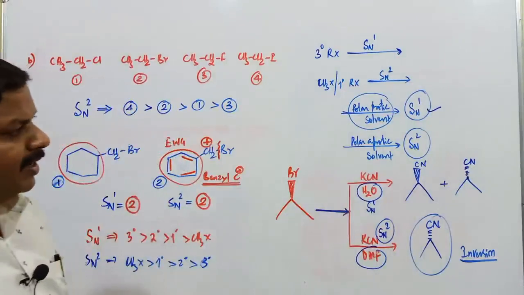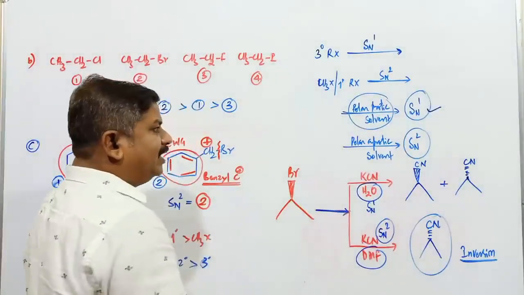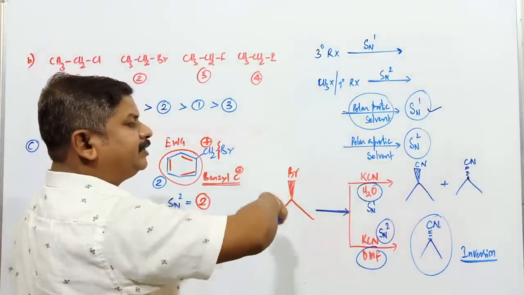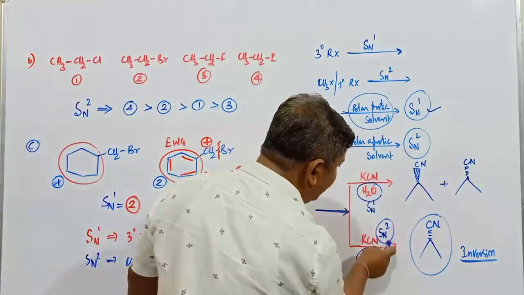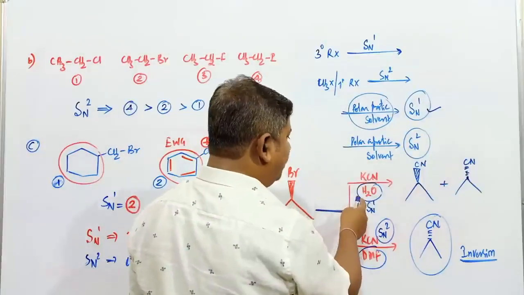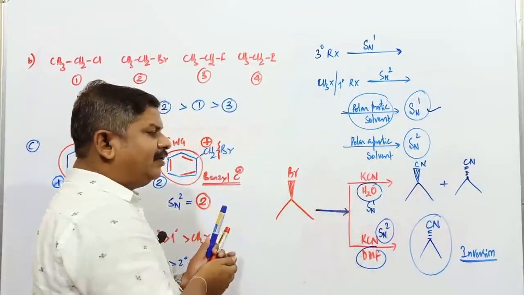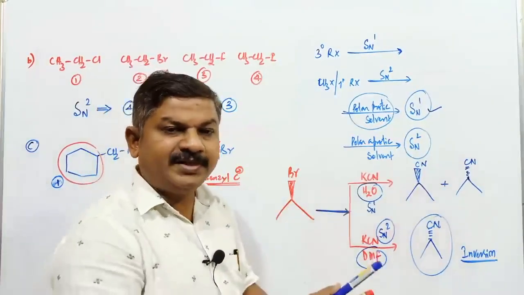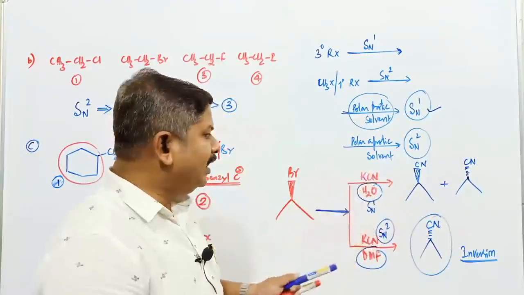Suppose the compound is a secondary alkyl halide. Since a secondary alkyl halide undergoes both SN1 and SN2 mechanisms, the solvent is very important. Water is an example of a polar protic solvent. Polar protic solvent is helpful in SN1 mechanism. It will block the existing halide ion.